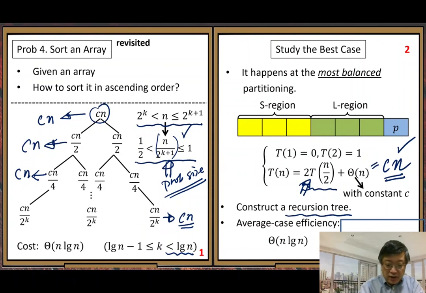For that reason, we can comfortably use this result, big theta of n log n, for the average case. All right, so let me stop our last video B.6 right here, and we complete part B for the quicksort topic.